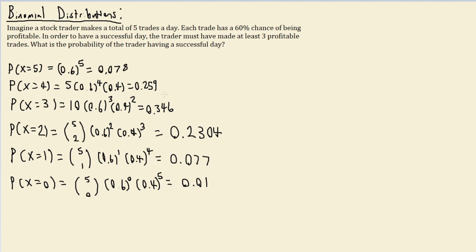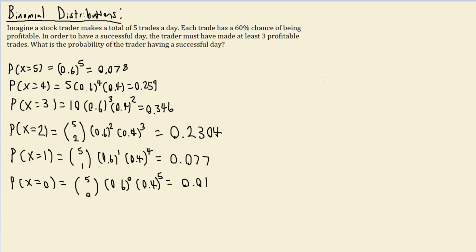Now, if you sum up all of these probabilities, there might be some rounding errors, so it might not be exactly equal to 1, but especially if you were to plug all of this information into a calculator so that they're exact and there's no rounding errors, all of these probabilities will add up to 1. And that should make sense.